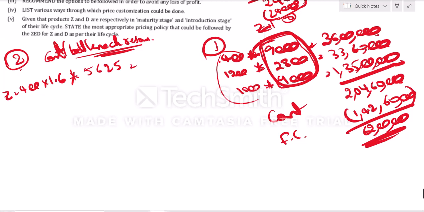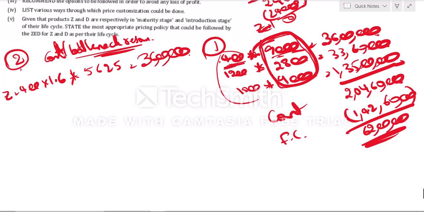So 400 into 1.6 into 5625, 36 lakhs. We got the same answer. Simply, we are dividing that bottleneck resource here with 1.6, and we are multiplying here with 400.